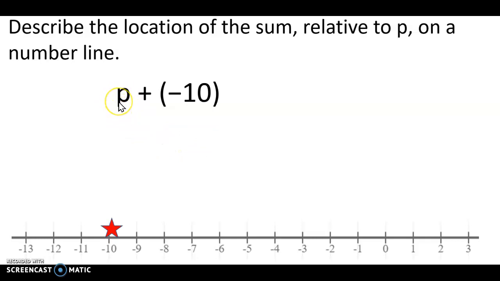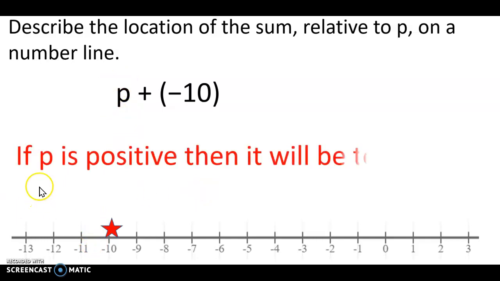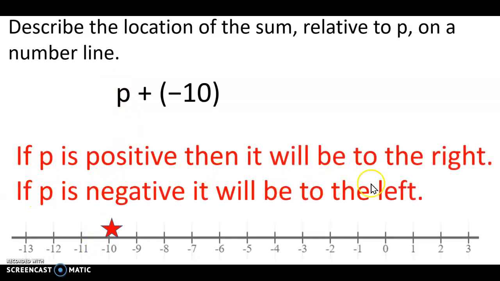Well, what if p is a positive number? If p is a positive number, all of your answers are going to be to the right of the negative 10. If you have any negatives for p, it's going to be to the left. So if p is positive, it's going to be to the right. If p is negative, it will be to the left.